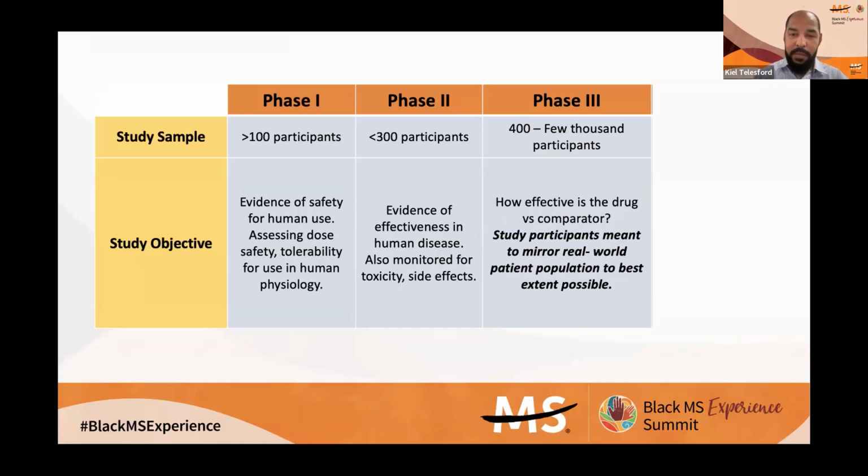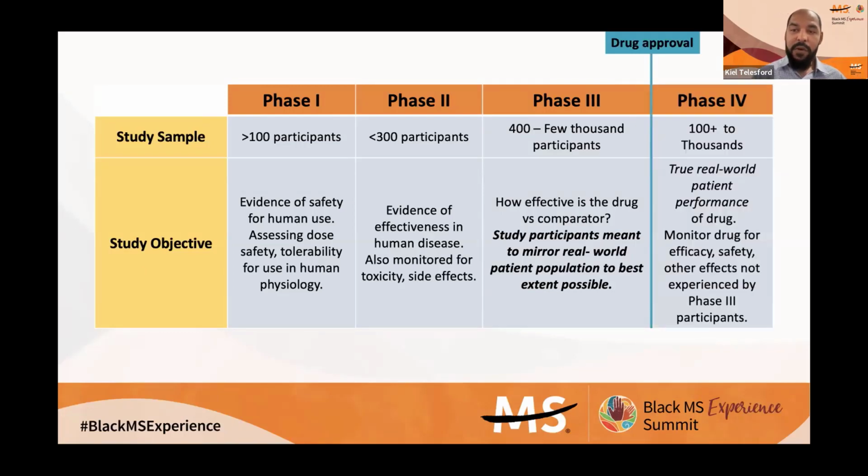Phase 3 increases the number even more, and this is meant to be a controlled snapshot of how the therapy may work in the actual real-world population. The study participants in the phase 3 trial are meant to mirror the real-world patient population to the best extent possible. If the drug is approved, then phase 4 follow-up trials are also conducted.